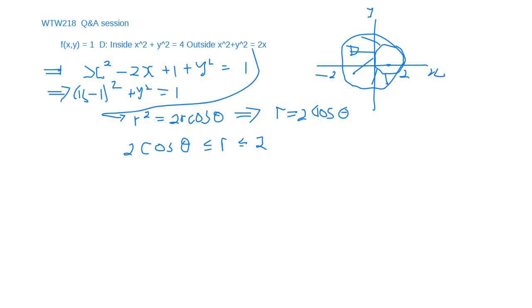So theta will start at 0 because that's where these two circles actually intersect. Okay. Theta will start at 0. And theta has to go all the way around up to 2 pi.